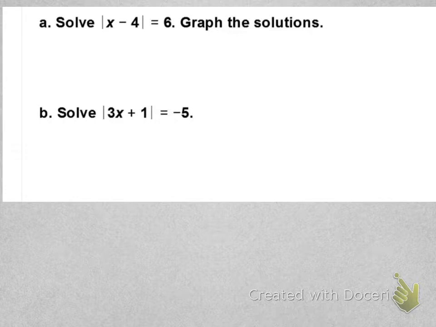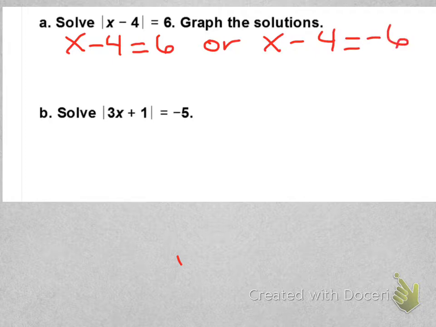So let's try the first one. So we have the absolute value of x minus 4 equals 6. So we need to split into two equations. So we have x minus 4 equals 6, or x minus 4 equals negative 6. And then we just solve an equation.